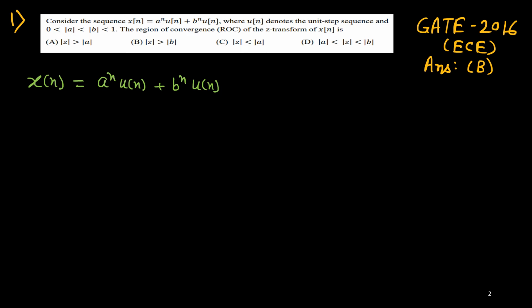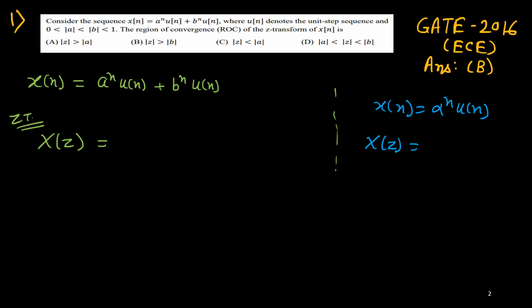So if I take the Z transform, capital X of z, we know that if x[n] is alpha to the power n u[n], a right-hand sequence, its Z transform is 1 upon 1 minus alpha z to the power minus 1, and its ROC is mod z more than mod alpha. Okay, for a right-sided sequence it's more than that.